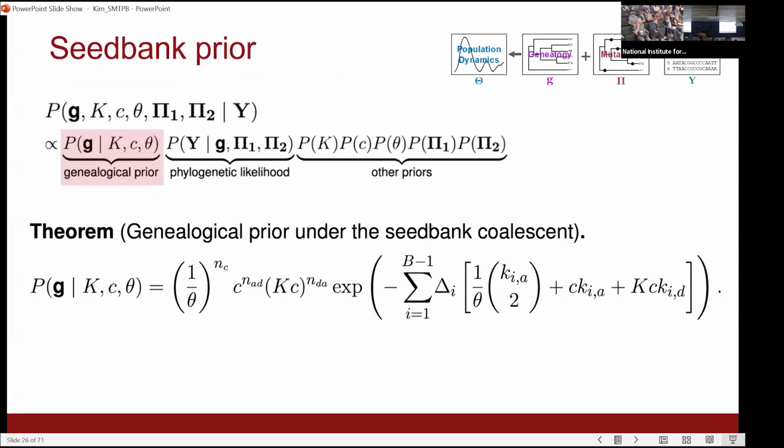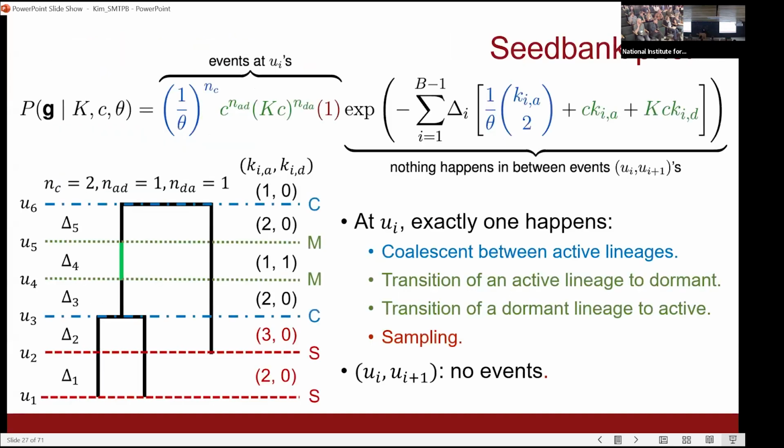So, the seed bank prior: under the seed bank coalescent model, we derived this genealogical prior. It looks fanciful, but if you tease it apart, it has a very simple, intuitive explanation. If we partition our time into time intervals, where each interval ends in one of these four events, then in between the event times nothing happens.